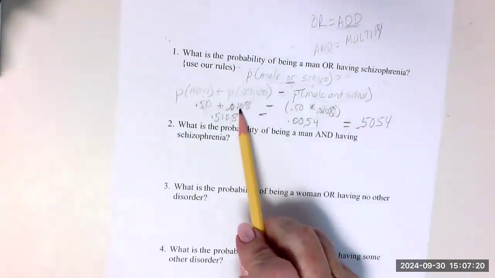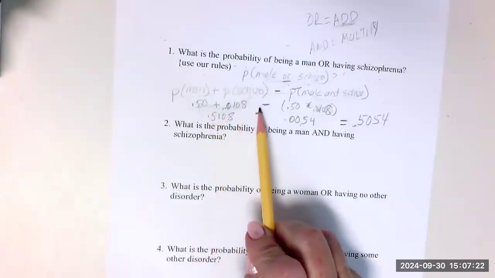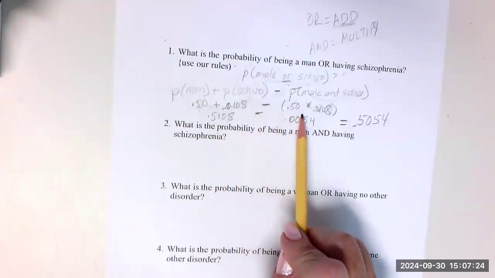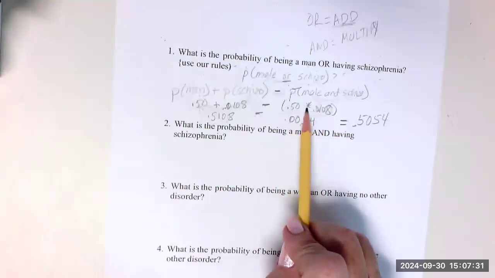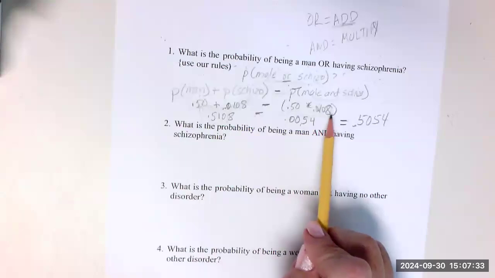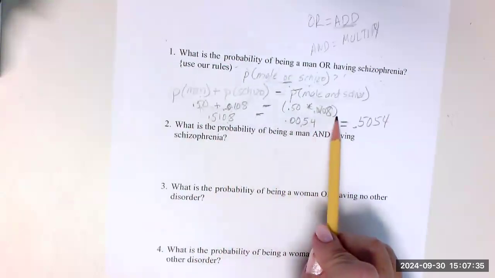So we're going to get that. And then we're going to add those together, but we're going to subtract out the probability that they occur at the same time. So we're just going to multiply those two. So 0.5 times 0.0108. This is going to give us our answer.